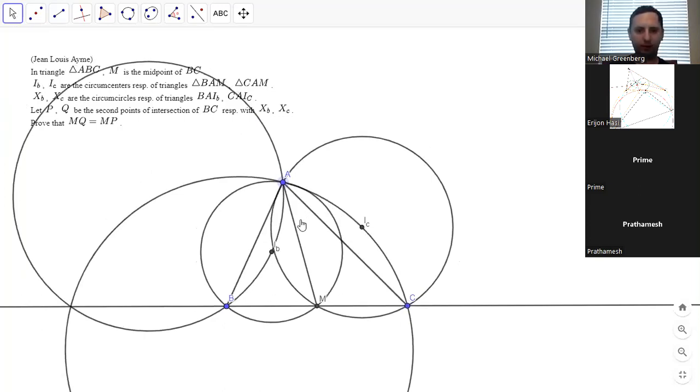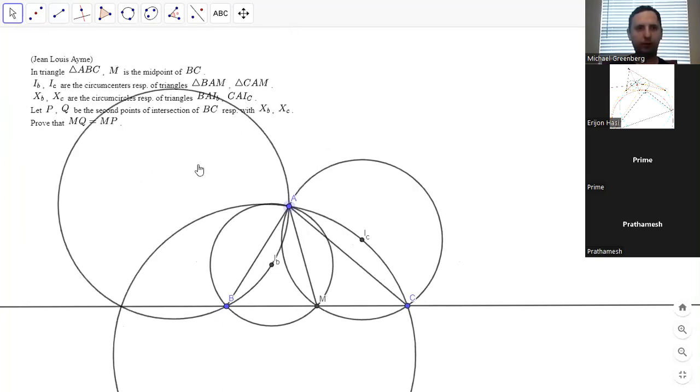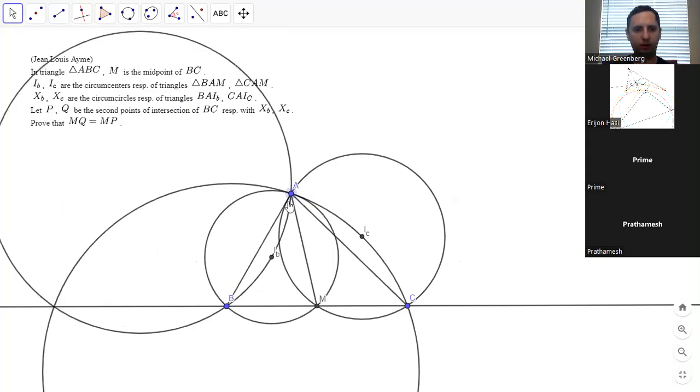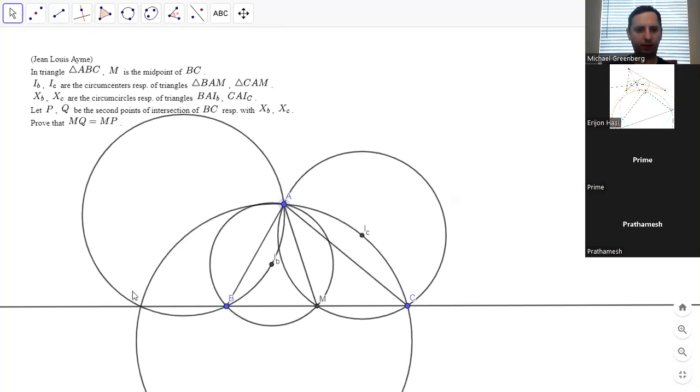It's weird that the problem would be stated like this if P and Q are actually the same point. But really it's saying prove that P is equal to Q. Okay, so I guess I'll just solve it that way.